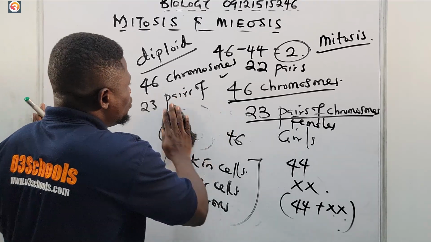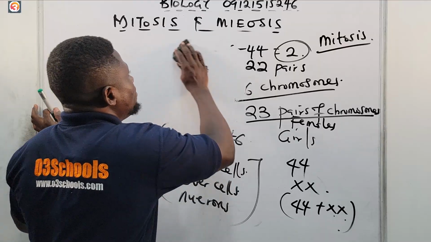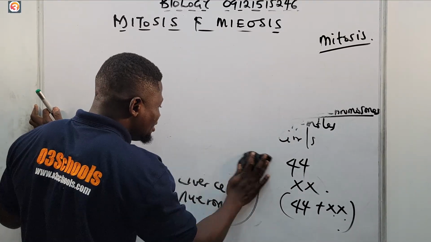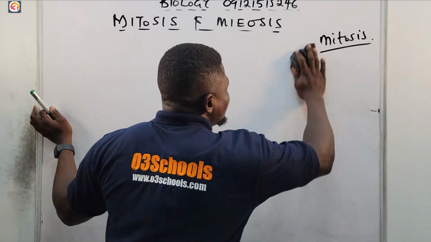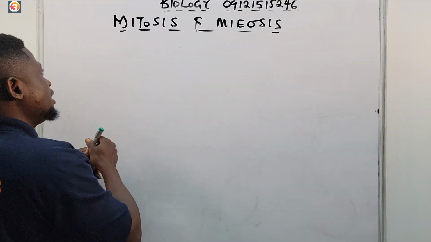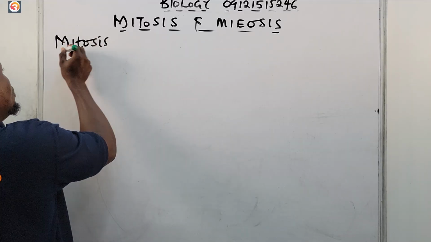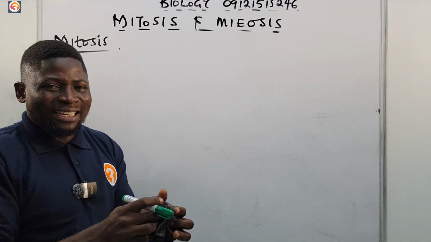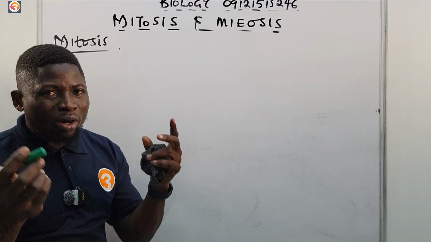And that is why we are going to be talking about mitosis and meiosis. Mitosis is a type of cell division. Like we said, it is responsible for maintaining that number of chromosomes as the cells multiply and increase.